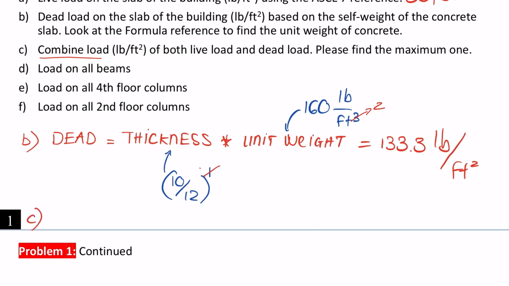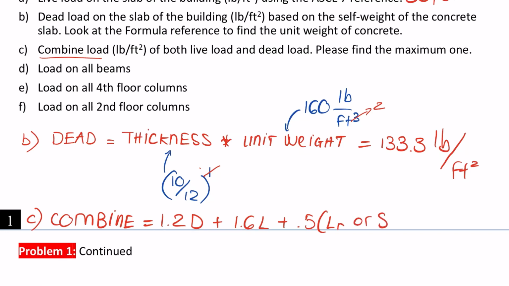The combined load U equals 1.2 D plus 1.6 L plus 0.5 of L_r or S or R, where R is rain.